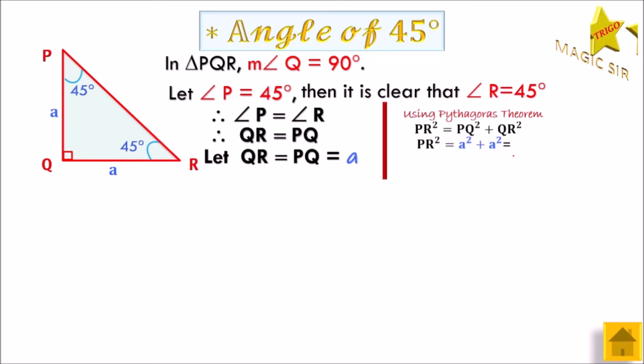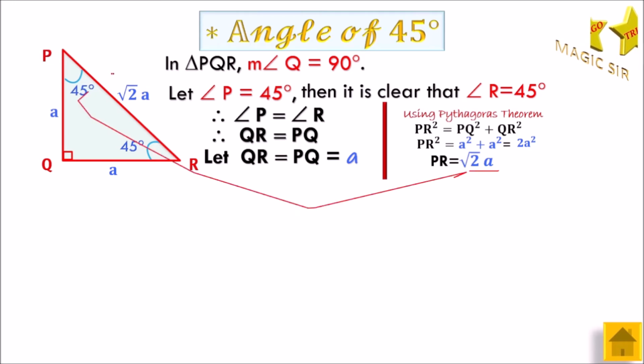Adding these two terms, we get A square plus A square is equal to 2A square. Taking square root of both sides, we get PR is equal to root 2 A. So we put PR is equal to root 2 A in the figure.